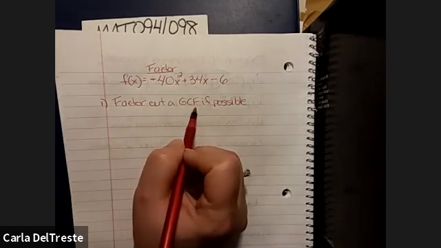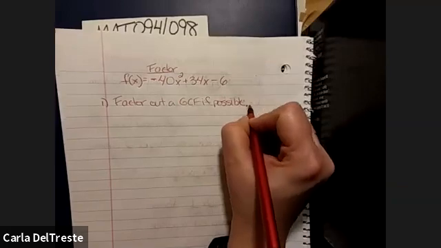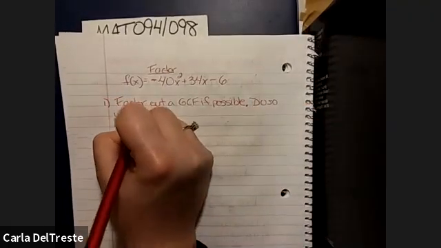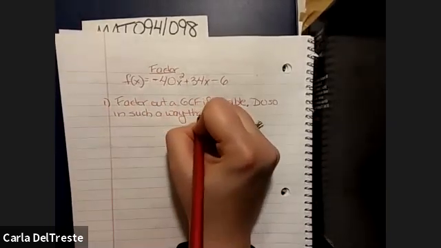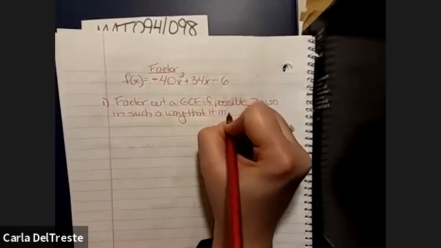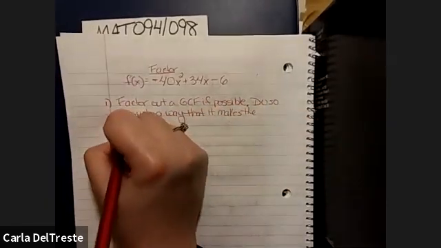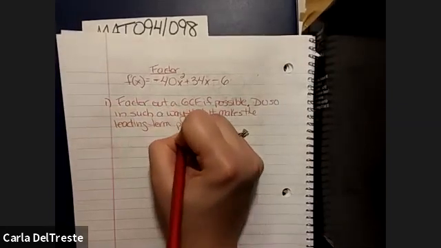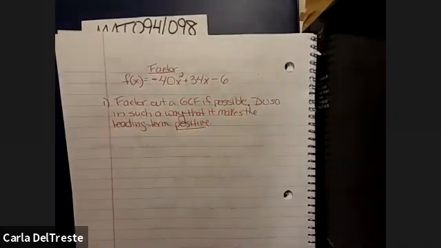So we're going to factor out a GCF if possible, and we're going to do so in such a way that it makes the leading term positive. The more we can deal with positive numbers, the better off we are.